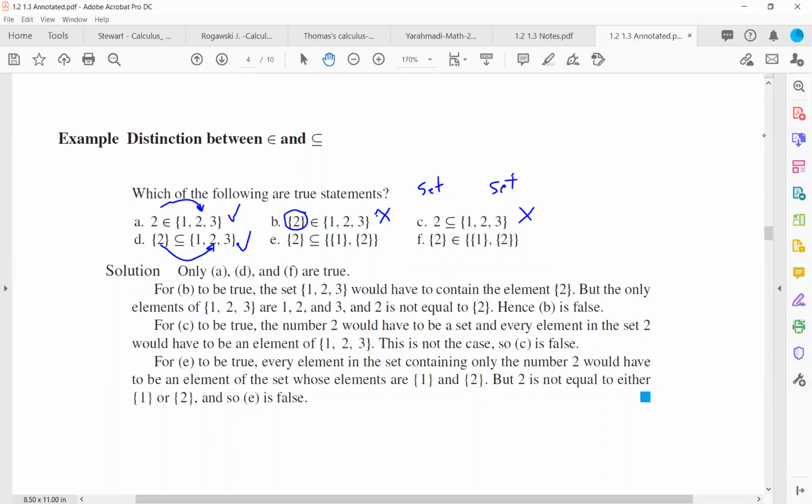On the right-hand side, you have a set including set 1, set 2. This 2 is not a set. This is just a digit. So this is false. F says set including 2 belongs to the set including set of 1 and set of 2. So of course you see this object here. So this is true.